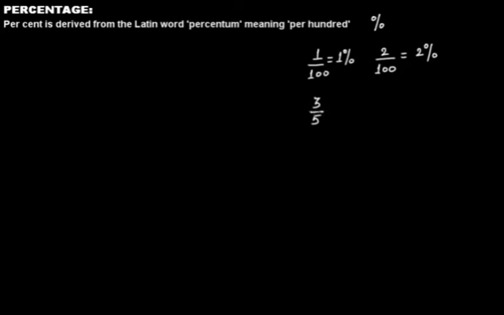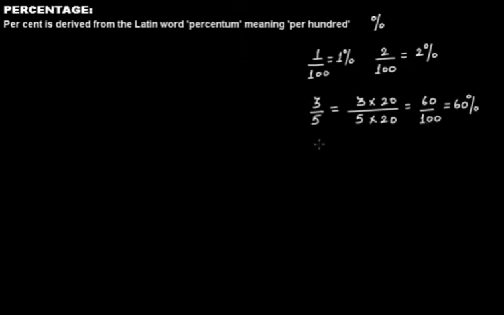If I multiply both the numerator and the denominator of 3 over 5 by 20, this will give you 60 over 100, right? So 3 over 5 and 60 over 100 are equivalent fractions. This represents 60%. Why? Because it is 60 out of 100.